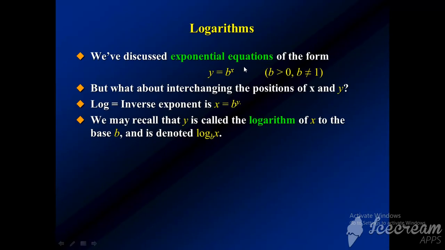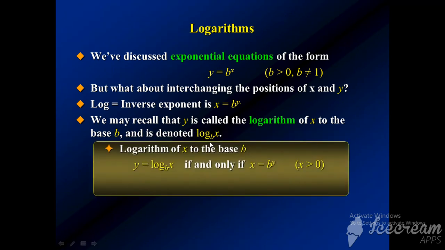And so we have discussed the exponential function y = b^x. If we interchange the positions of x and y here, we get the logarithmic function x = b^y. Now how do we name this? We may recall that y is called the logarithm of x to the base b and is denoted by log_b x.